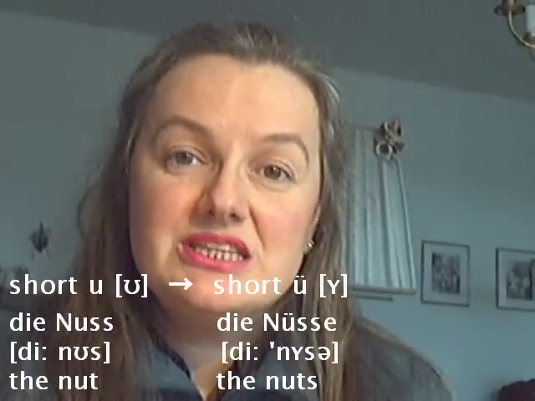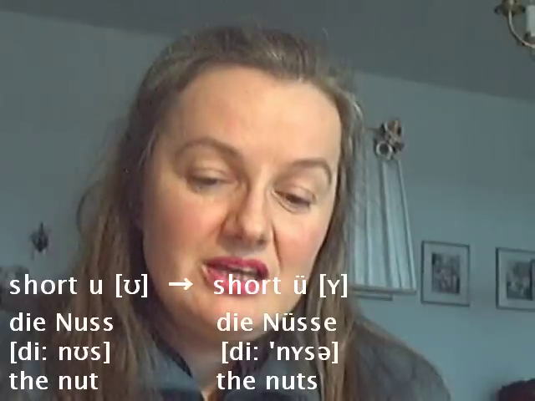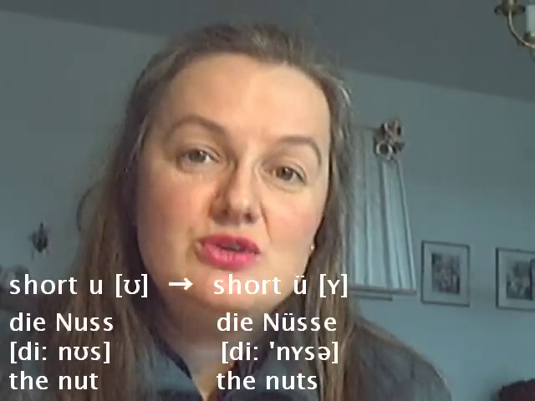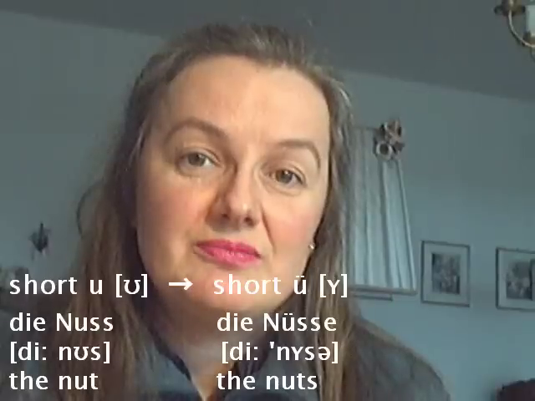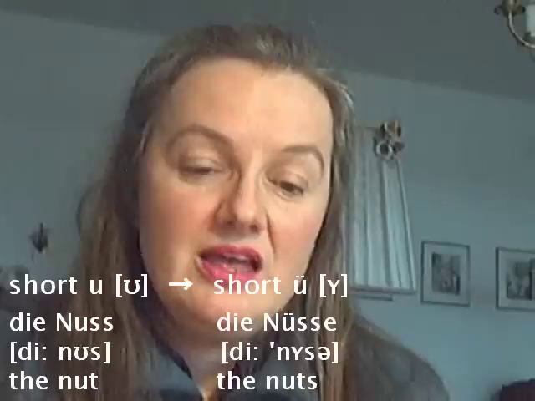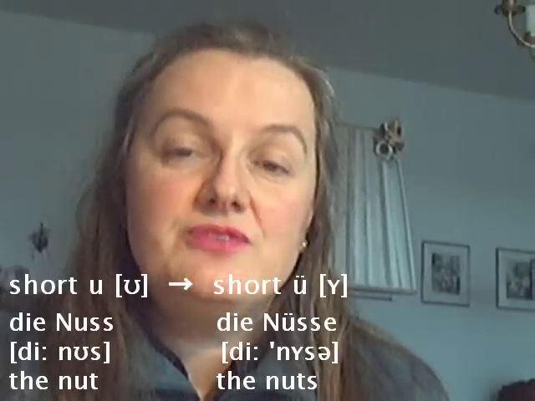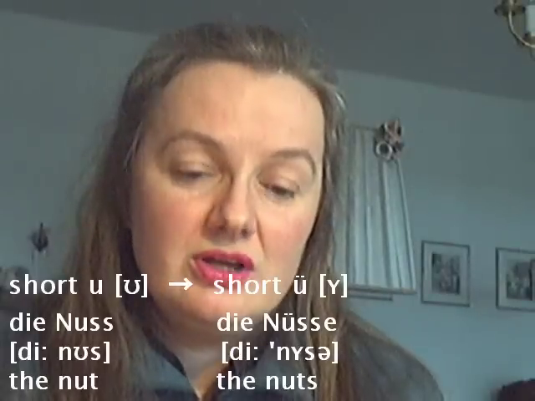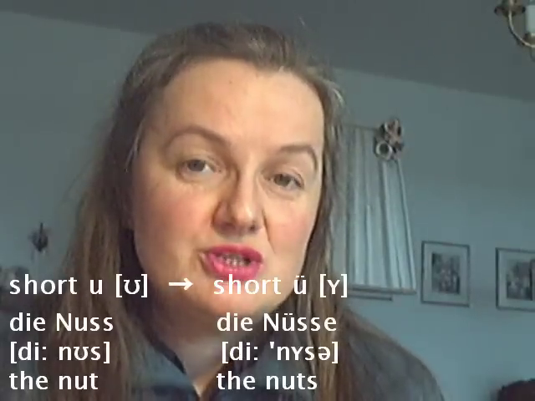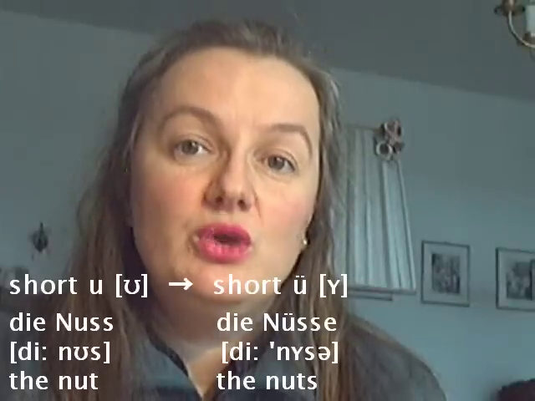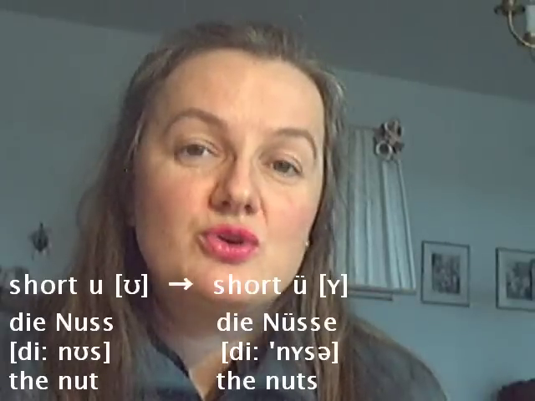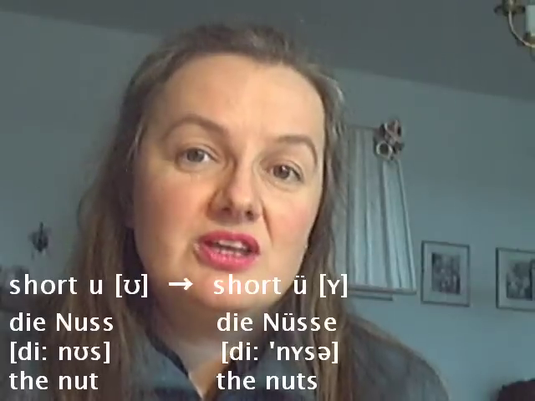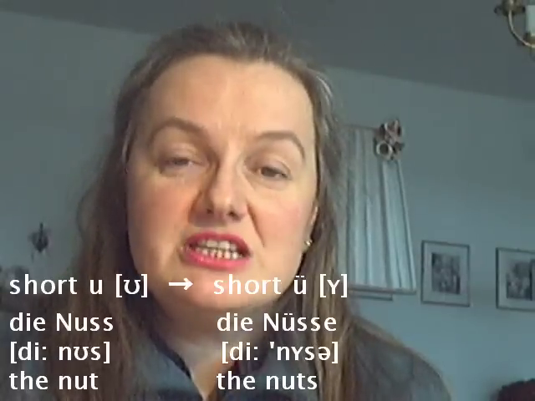Die Nuss, die Nüsse, the nut, the nuts. And I think you can hear the difference very well if I say Hühner or Nüsse. So the long Ü sound is different from the short Ü sound. And that's why we also have another sign in the phonetic script.